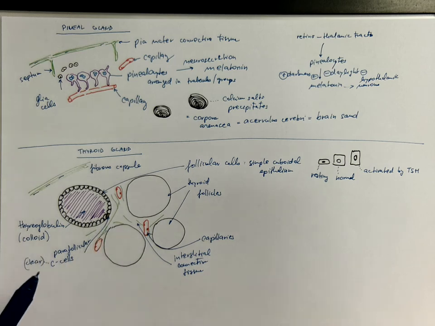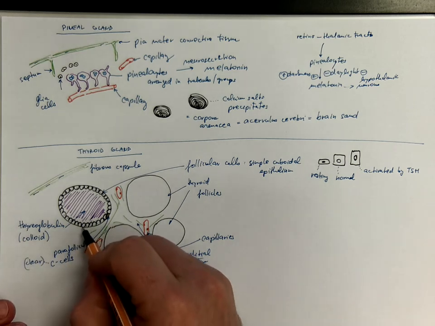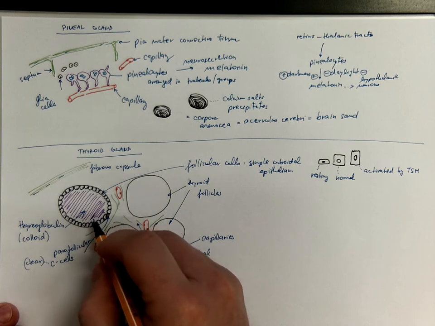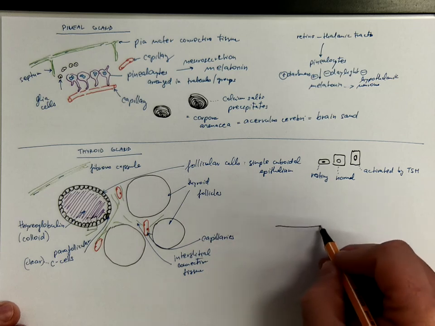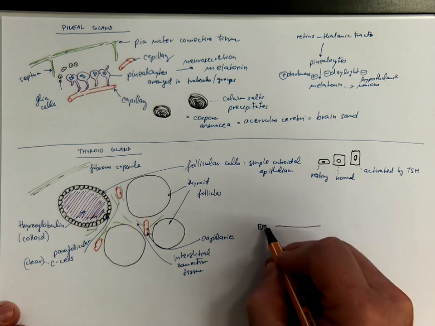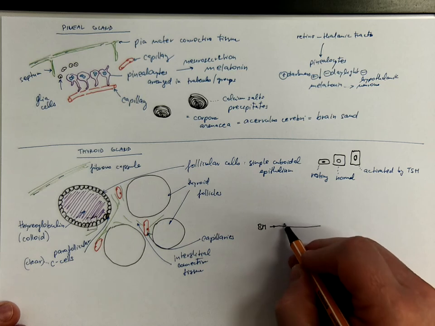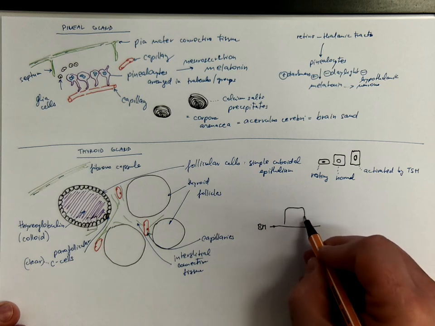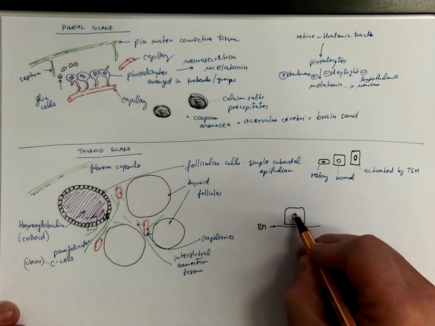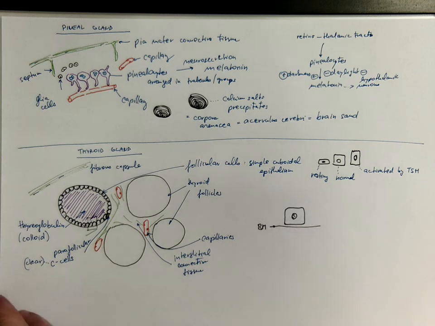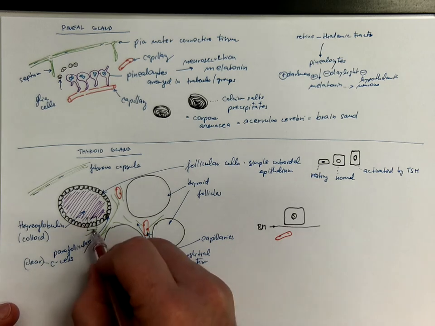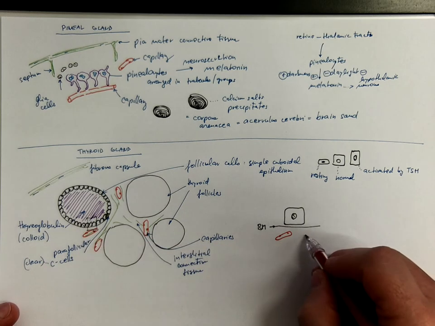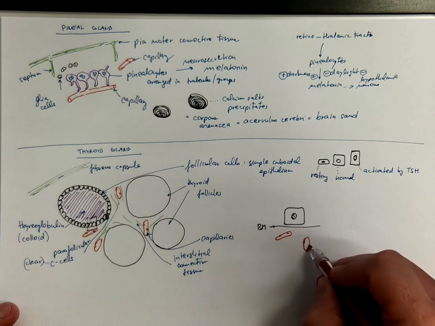Let's have a detailed view on one of these follicular cells on an extra scheme. If this would be the basal membrane, here would be the cuboidal follicular cell. So first we have the capillaries here below the basal membrane, lined with endothelium.